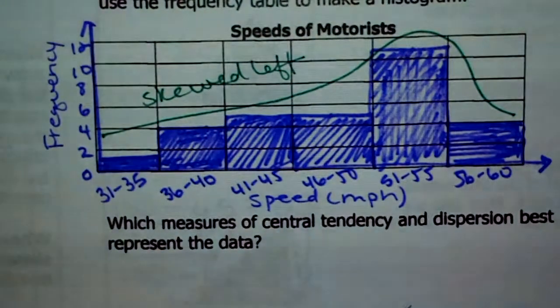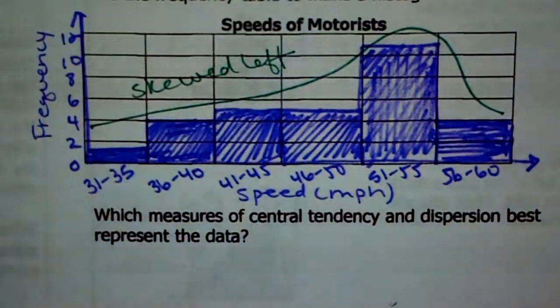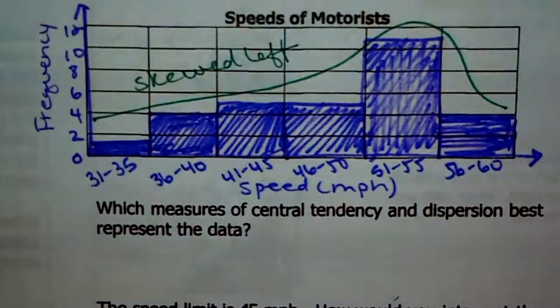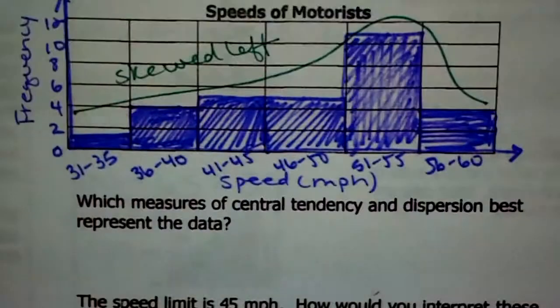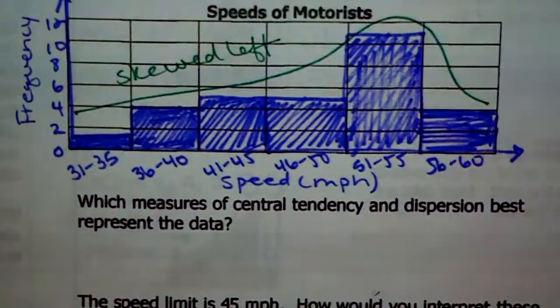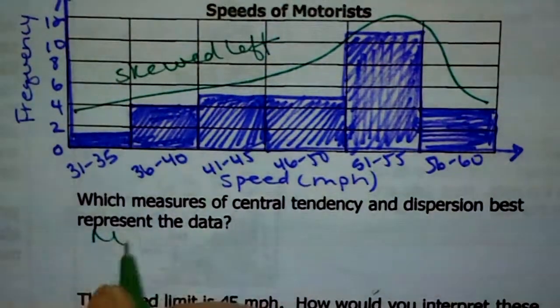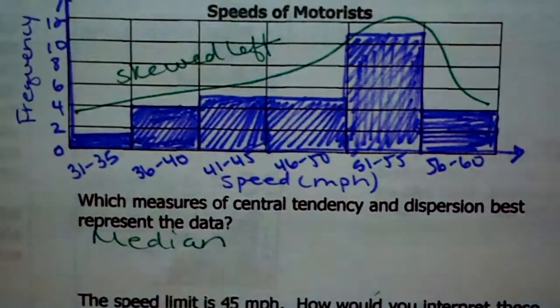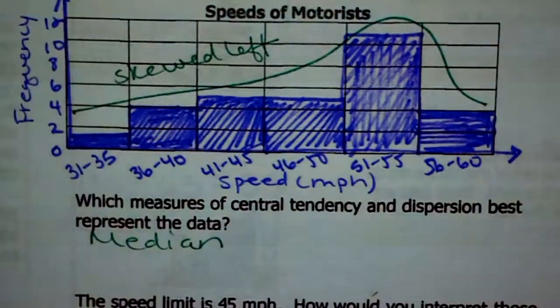So my question for you is, which measures of central tendency and dispersion best represent the data? Well, when you have data that is skewed, do you remember which central tendency measurement you're supposed to use? That's right. You should definitely use the median. So we're going to use the median because it's skewed. And the measure of dispersion, is it standard deviation or is it 5-number summary when it's skewed? You're going to have to memorize that one eventually.